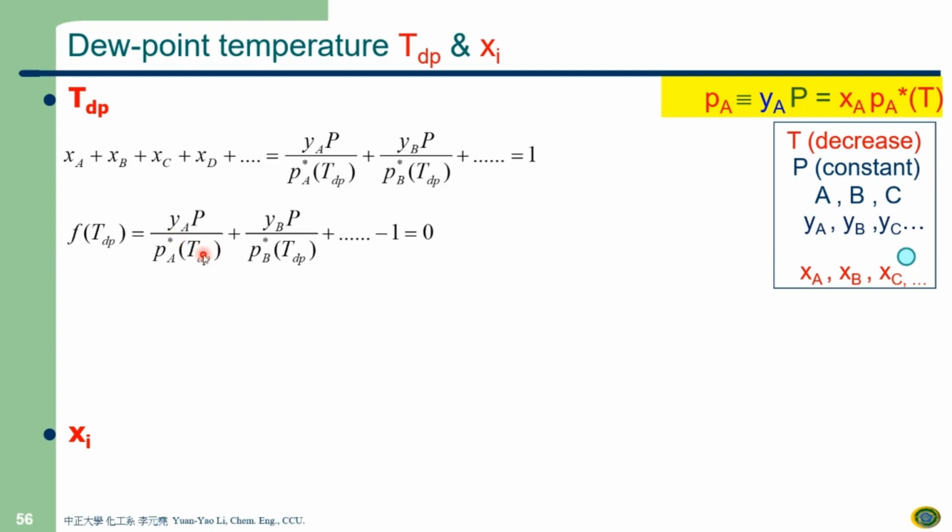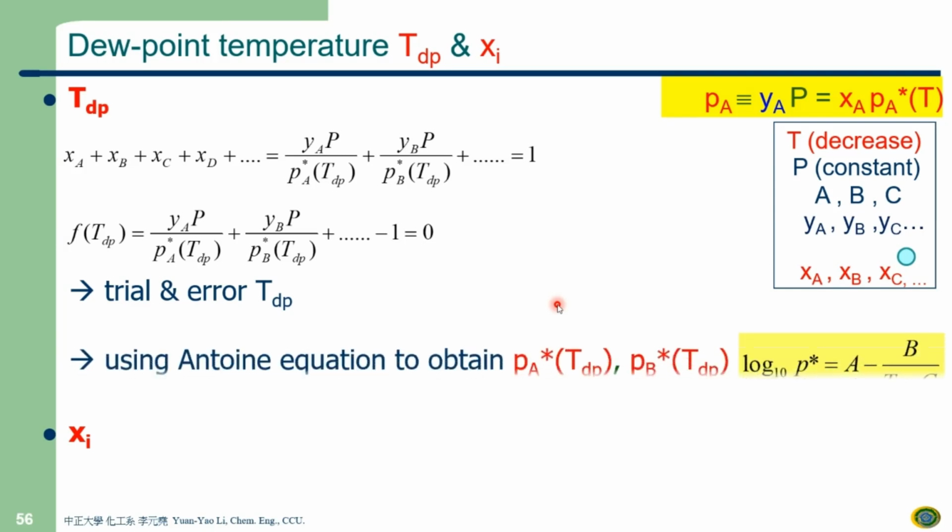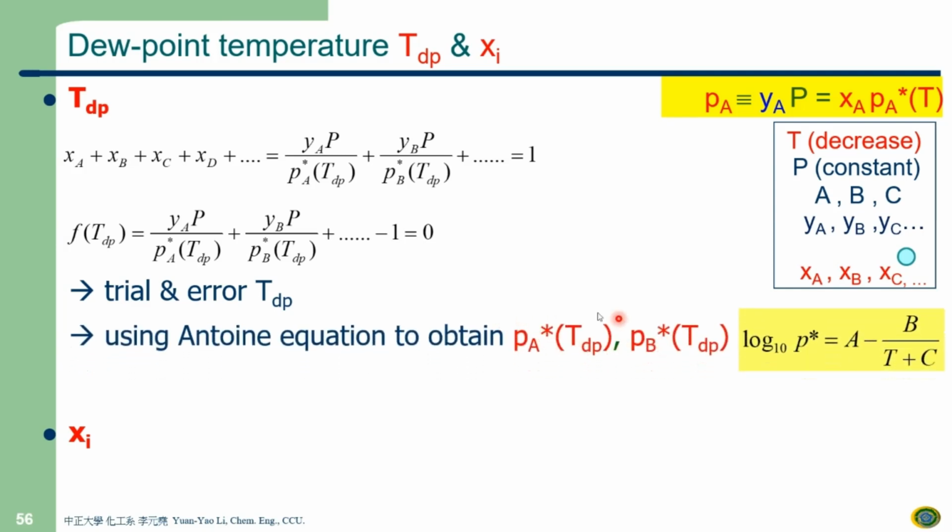Again, if I told you the dew point temperature is between 60 to 80, you start to put the 60 and 80 degrees Celsius into this place, and you find out the vapor pressure of A, vapor pressure of B, and to make it become 0. So again, you use trial and error method. And then you should use Antoine equation, right? To put it here and try and error to get the dew point temperature.